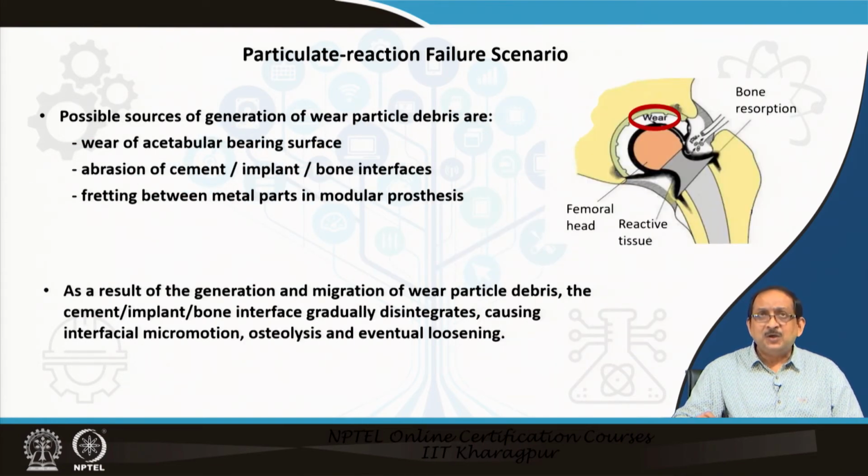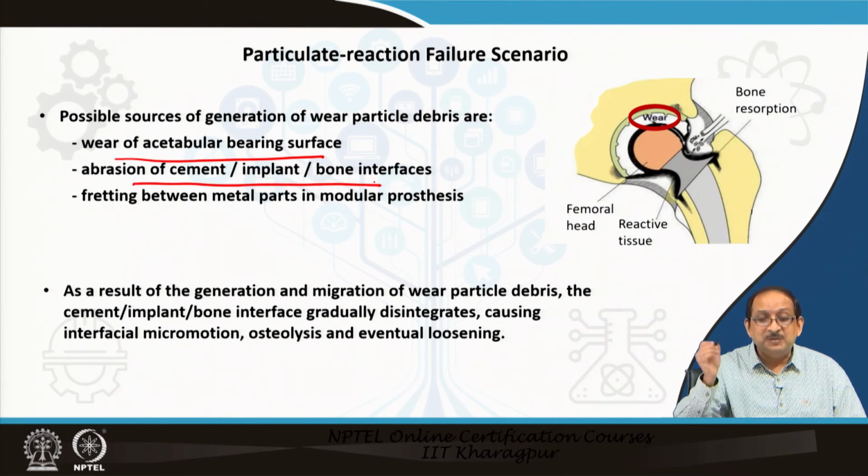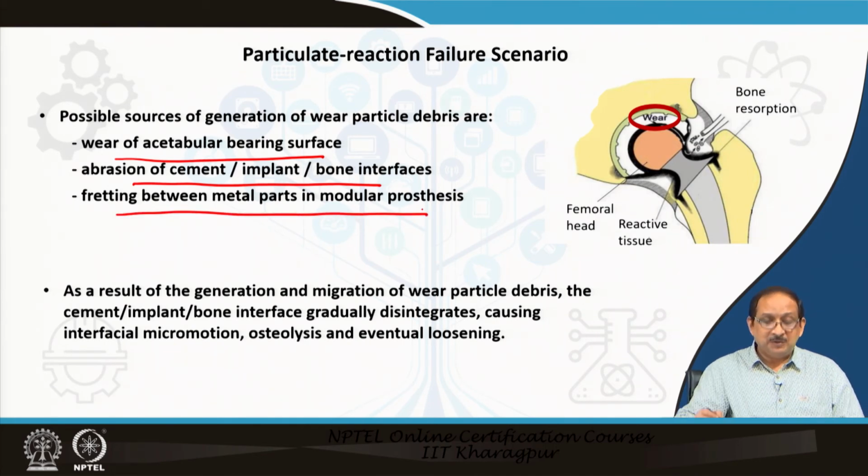Possible sources of generation of wear particle debris are wear of acetabular bearing surface, abrasion of cement, implant or bone interfaces, and fretting between metal parts in modular prosthesis. Now, wear is the loss of material from the surface of a material.